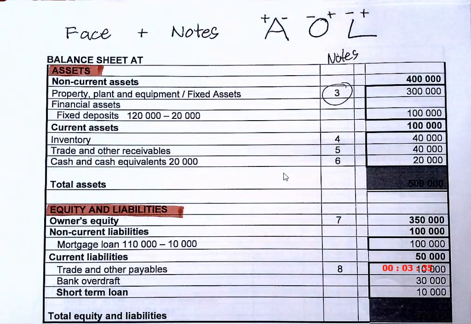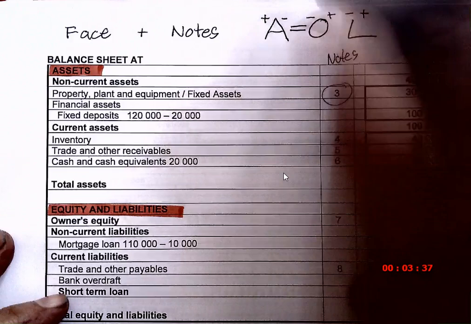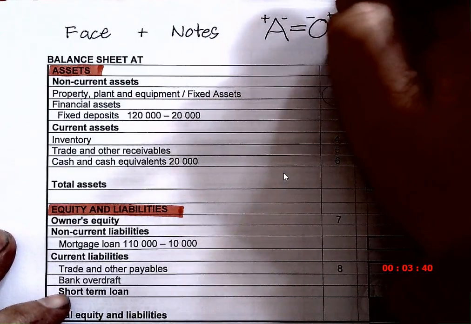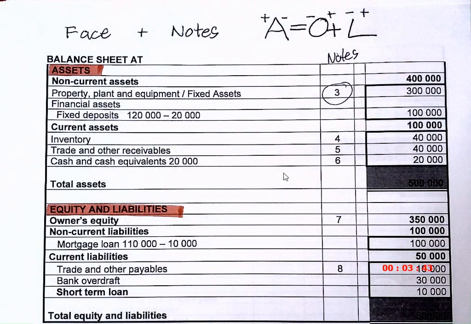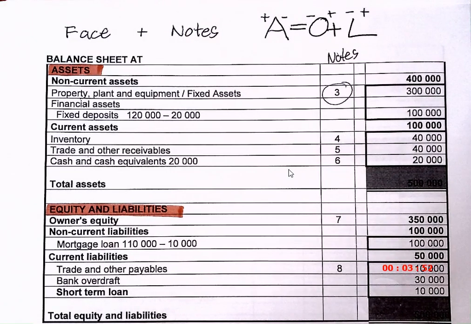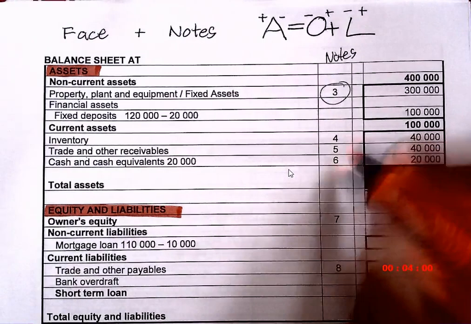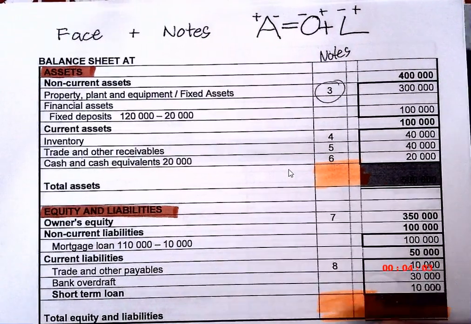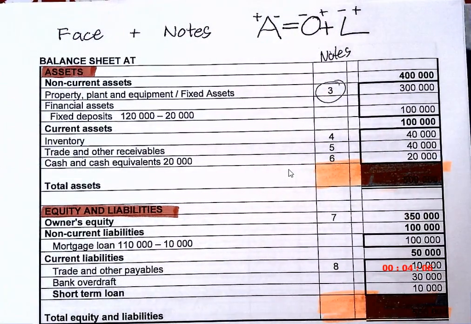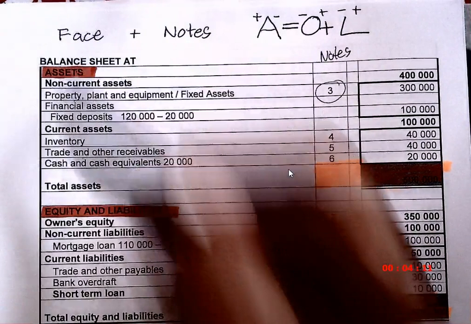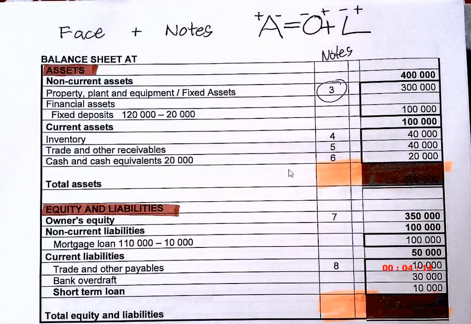It's because my assets is equal to owner's equity plus liabilities. So what that means is, in the end, and it's very black on your screen, but you can see it on your print, can you see that those 2 balance? They are equal to each other because your assets equal your equity and liabilities.